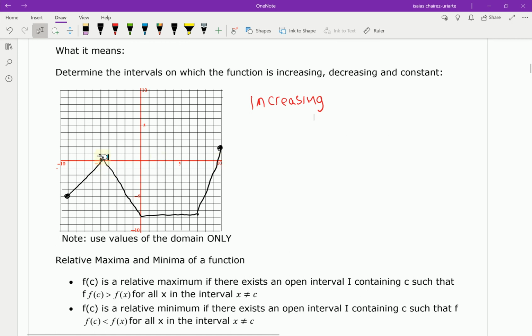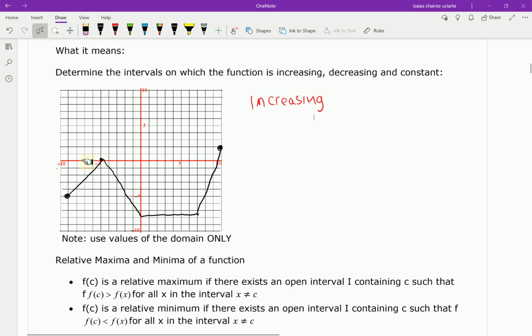But what's going on at -5 exactly? Is my function increasing or decreasing at -5? This is kind of a strange point right here. It's a point at which you're neither increasing nor decreasing nor constant. It's a point of change.